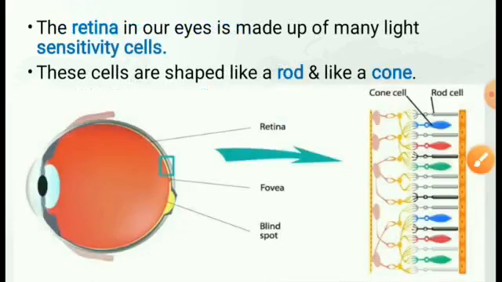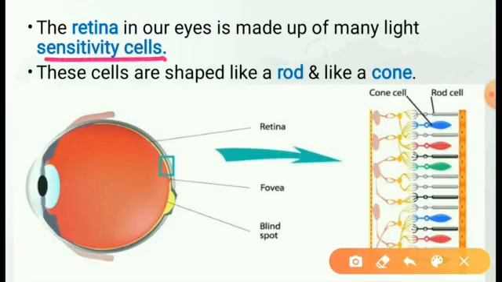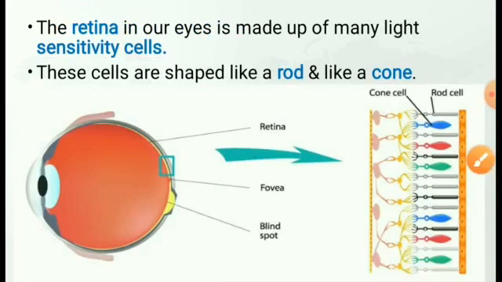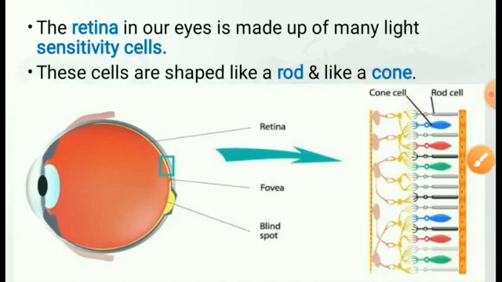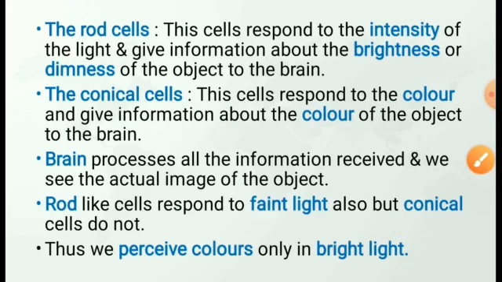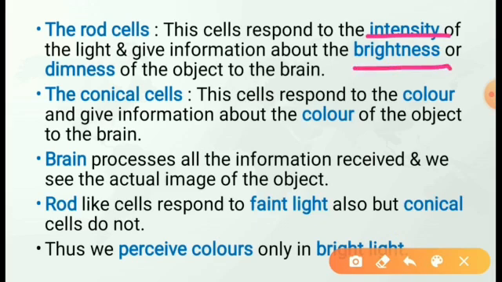The retina in our eyes is made up of many light sensitive cells. These cells are shaped like a rod and like a cone. You can see here in this picture a cone and a rod cell. The rod cell responds to the intensity of the light and gives information about the brightness or dimness of the object to the brain.